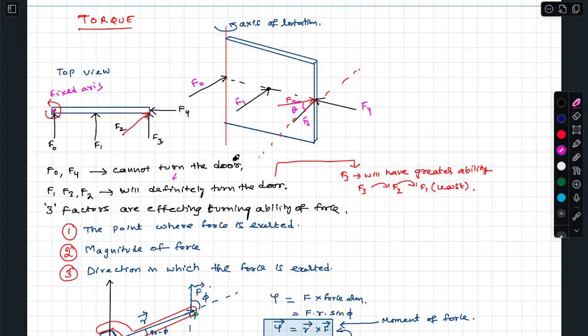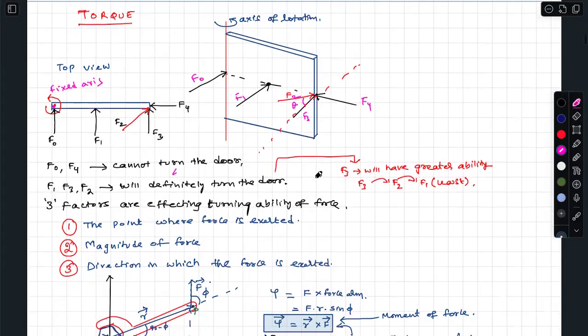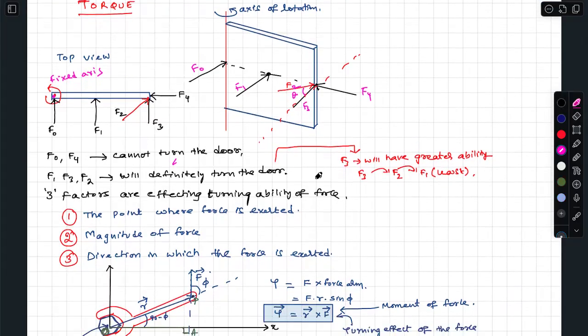No, they can't produce any turning effect. Of course, F1, F2, F3 will definitely help in turning the door. I'm not speaking any physics right now, just logic sense. But if they are of same magnitude, F3 will have greater ability than F1 and F2.